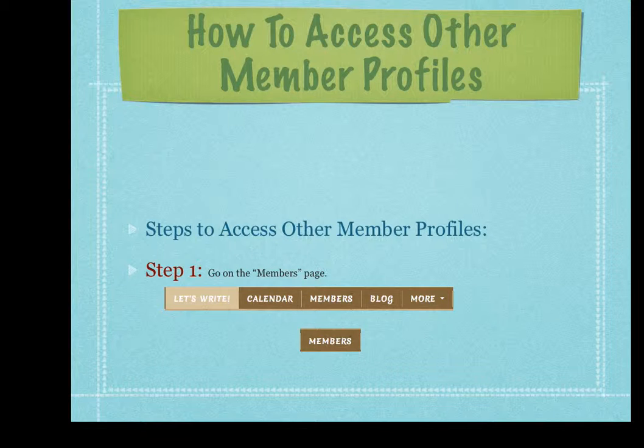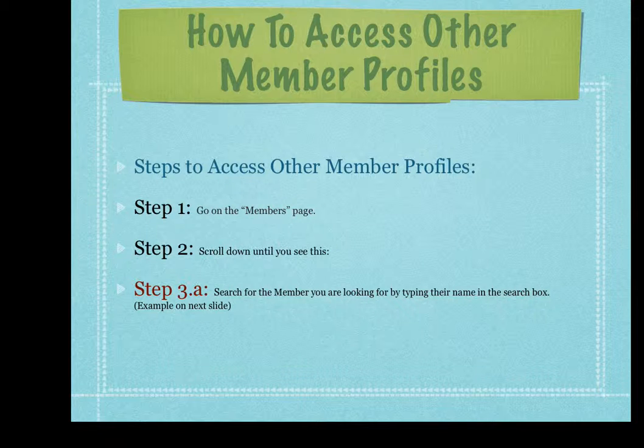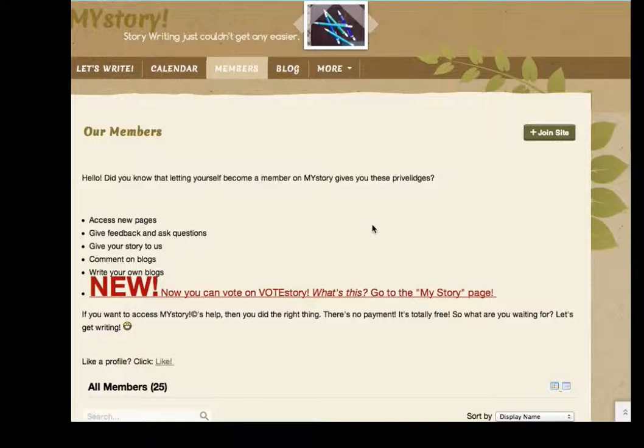How to access other member profiles. Step 1. Go to the Members page. Step 2. Scroll down until you see this. All members, then the number. Step 3A. Search for the member you are looking for by typing their name in the search box.